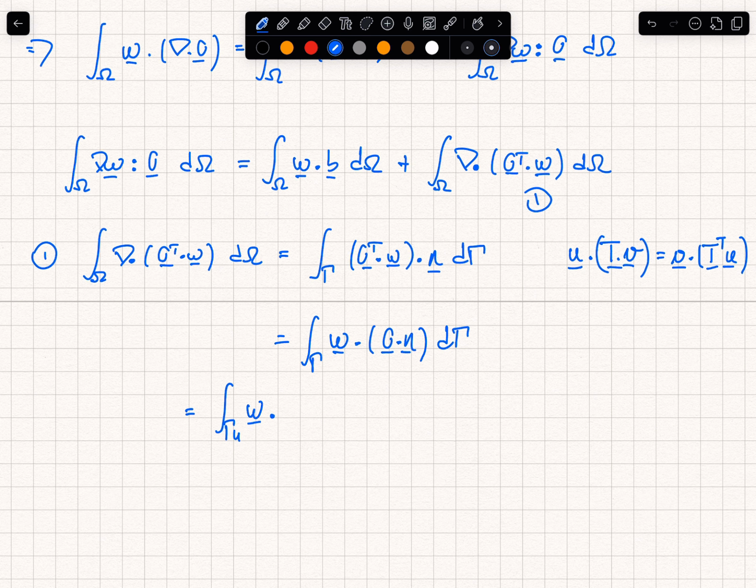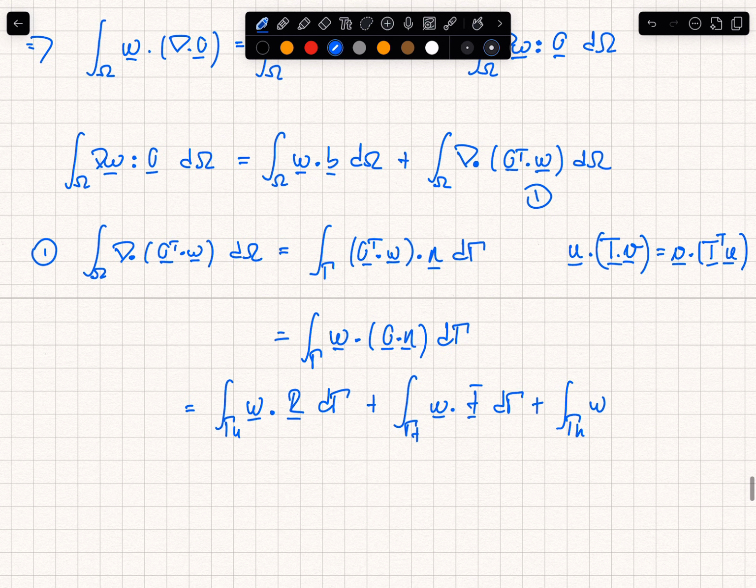We call it R, which is the reaction force. Thank you, sir. Okay, plus we have a part gamma t where W is dotted with the traction. This is our prescribed Neumann boundary condition. And we have finally the part of the Robin boundary condition, gamma h, and now we have W dotted with this whole thing.